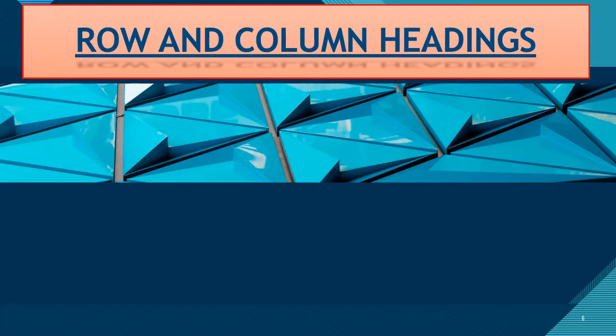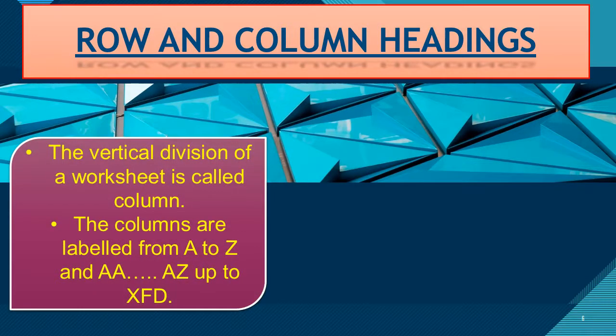Next component you have is row and column headings. Let's learn something about row, column. The vertical division of a worksheet is called as a column. In Excel, the columns are labeled from A to Z and AA to AZ up to XFD.